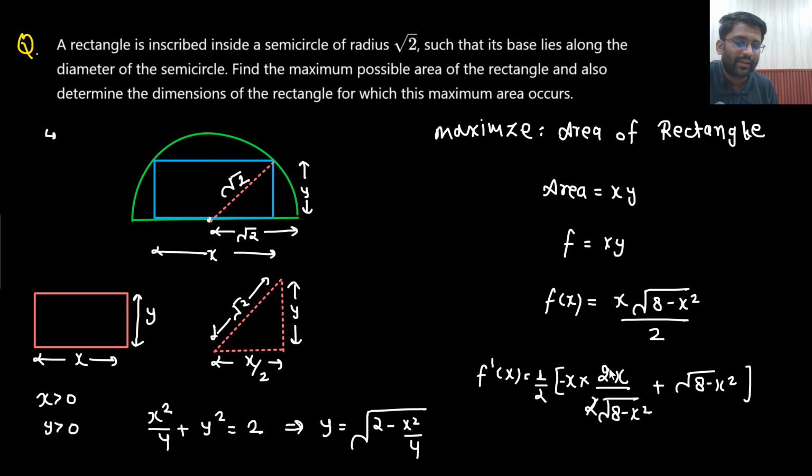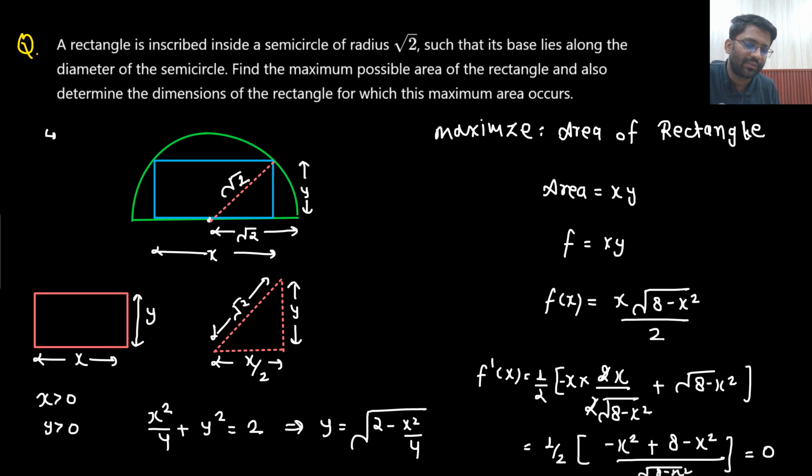Right? This 2 and 2 will get cancelled out. So what we are getting, 1 by 2 is outside. So this is minus x square plus 8 minus x square divided by under root 8 minus x square. I just need to put that equal to 0. 8 minus x square, this is minus x square, so 8 minus 2x square.